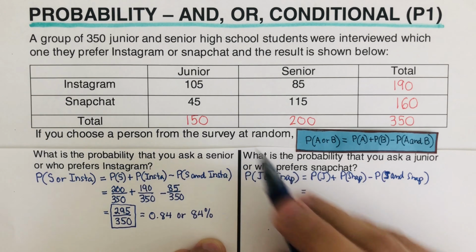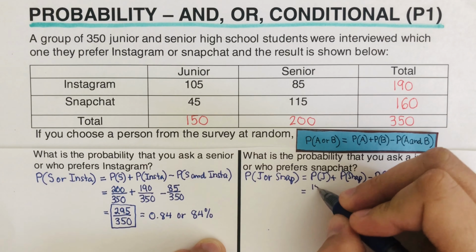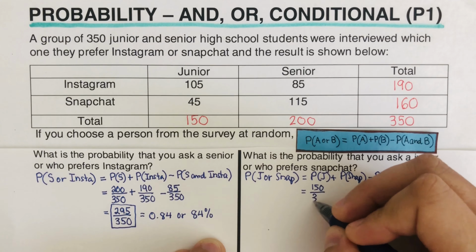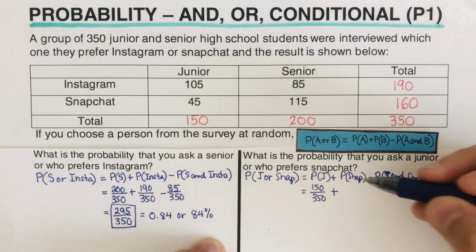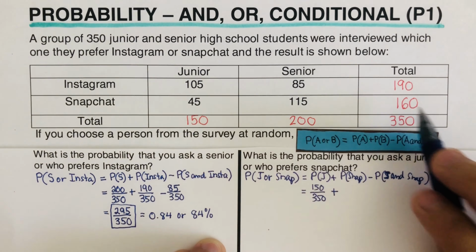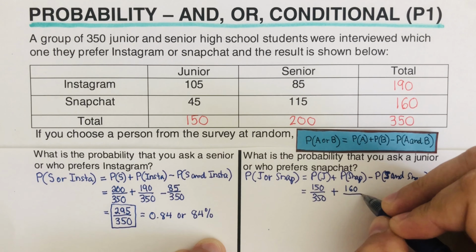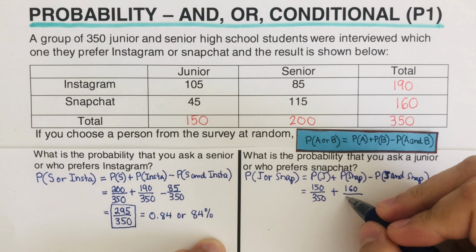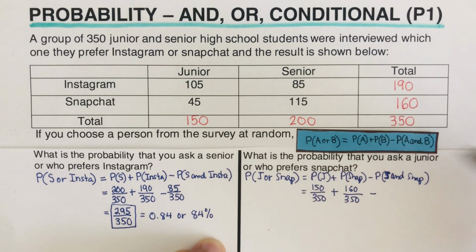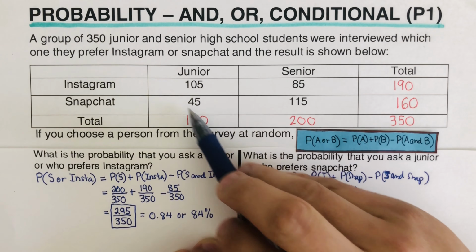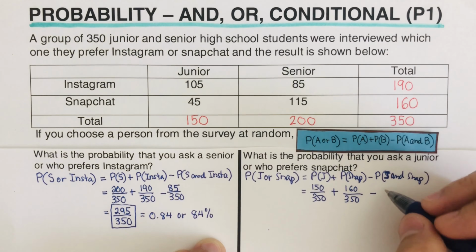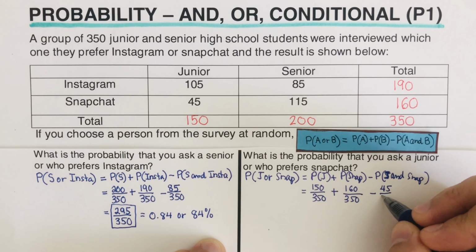Probability that it's a junior would be 150 over 350 plus the probability that they prefer Snapchat is 160 over 350 minus the intersection between the junior and Snapchat, which is 45 over 350.